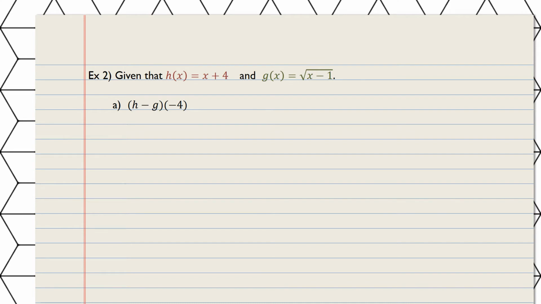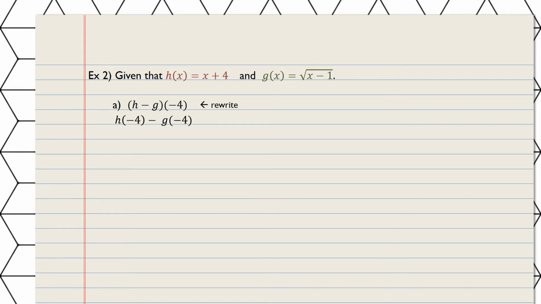Example 2. Given that h of x equals x plus 4 and g of x equals square root of x minus 1. Part A wants us to find h minus g of the value -4. Well, our first thing, just like all the others, we need to rewrite this.